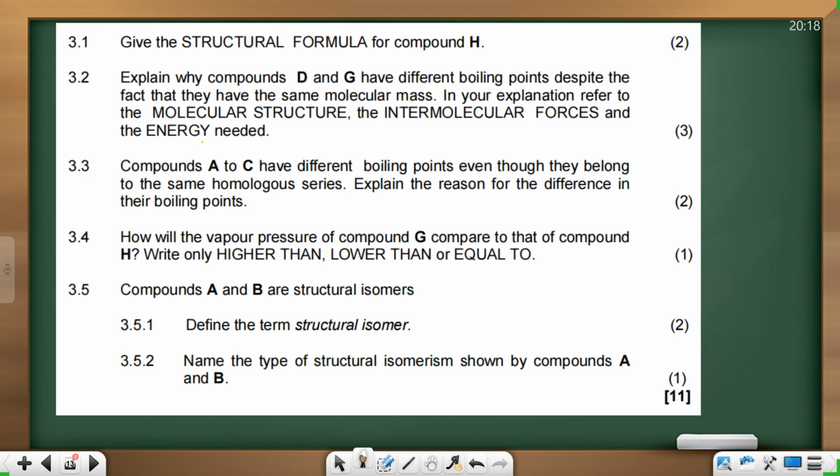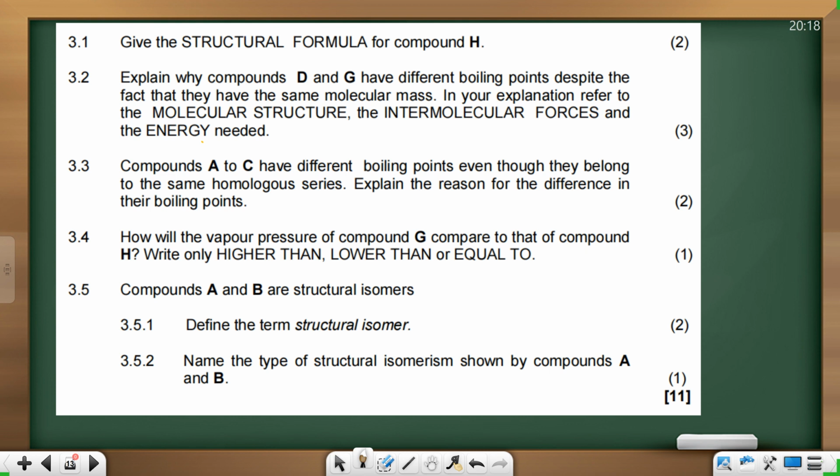Explain why compound D and G have different boiling points, despite the fact that they have the same molecular force.